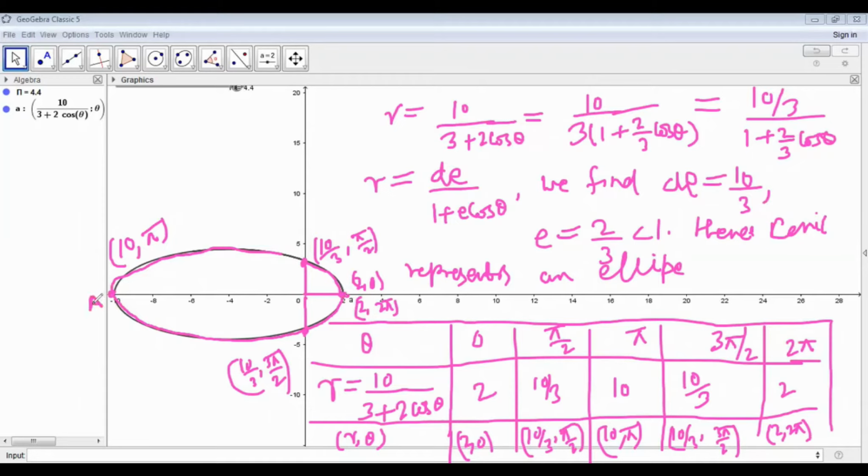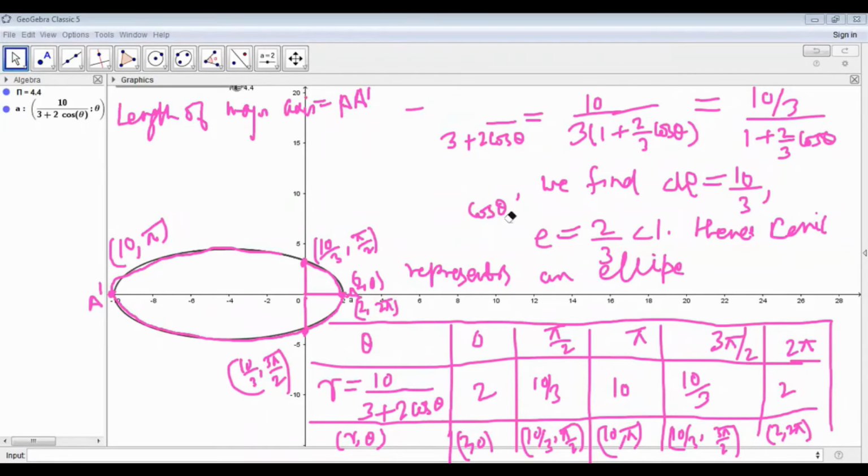This A dash A is the major axis. The length of the major axis A dash A is the distance from A to A dash.